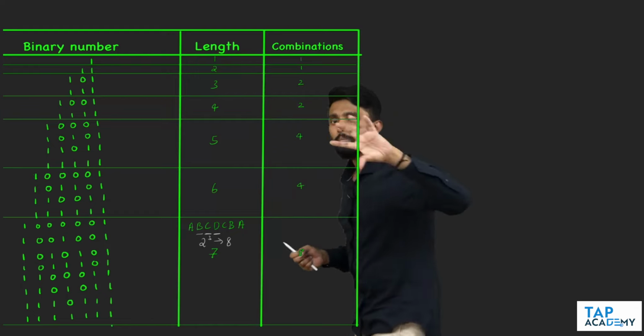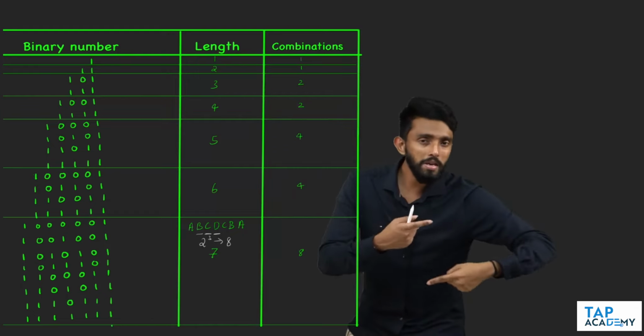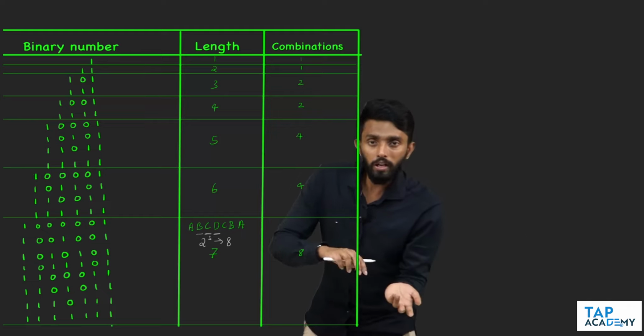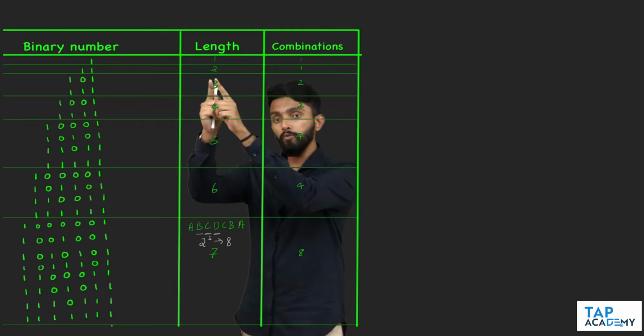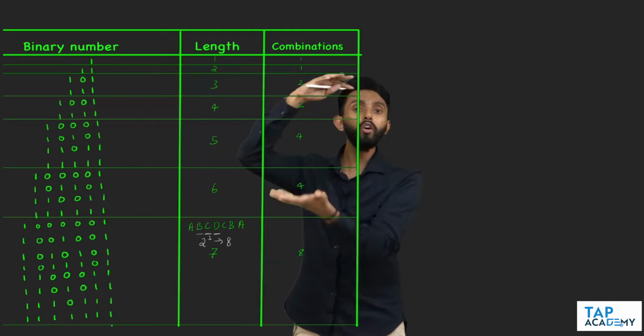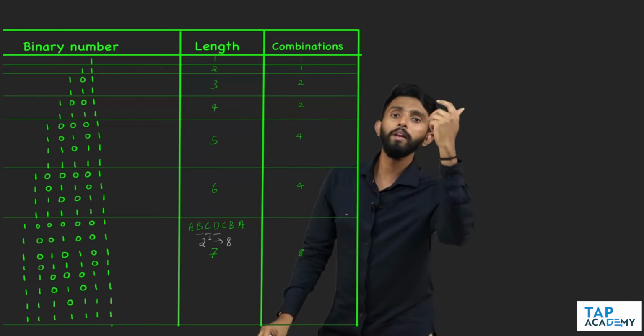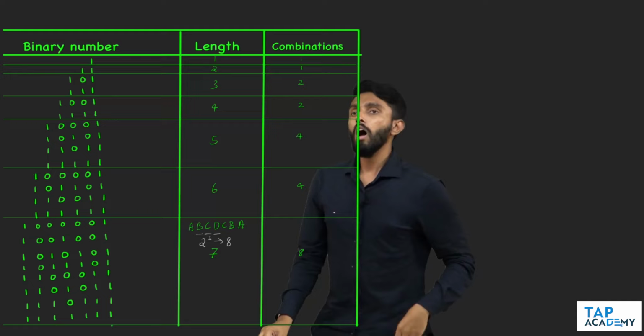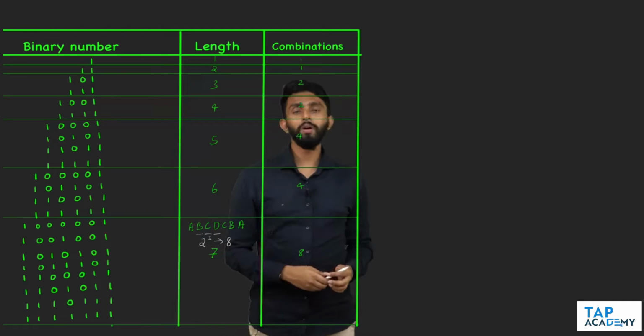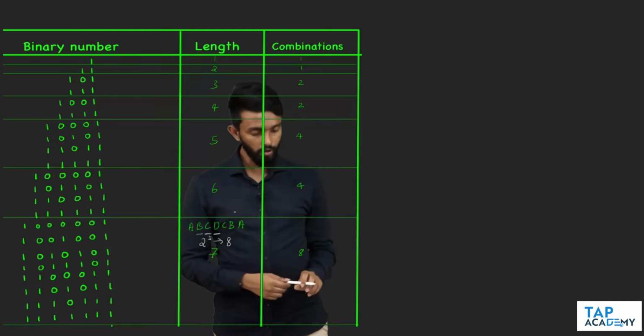Somehow I can keep track of length and keep incrementing it. But it will be really good if through length I can find how many combinations exist for that length, then I can start to develop an algorithm. Okay, sir, how is there a correlation, you may ask? 100% there is a correlation.